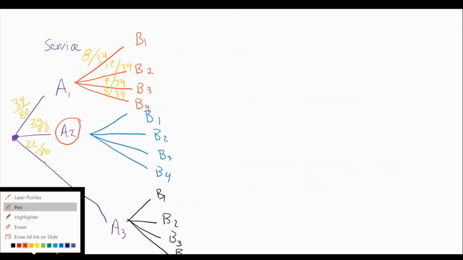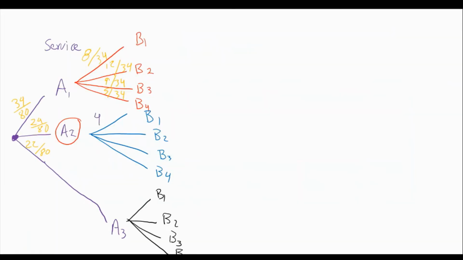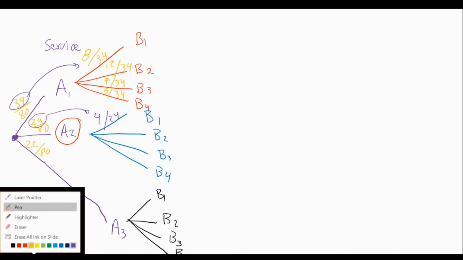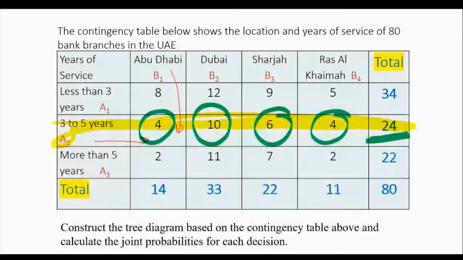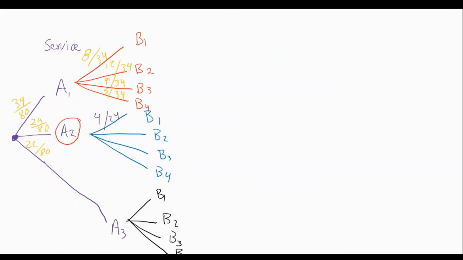So I'm going to change my color here. This is 4 out of 24. Yeah, you see, we're going to use now divided by 24, as we use divided by 34, and the one above. Okay. The next one is 10.